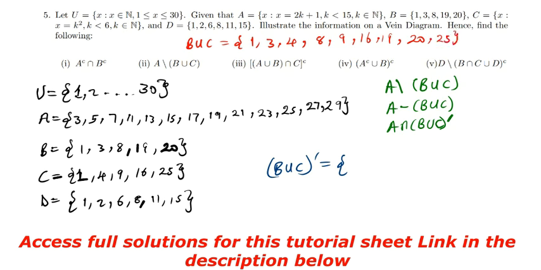Now complement simply means any element which is missing in this set, but that element is in the universal set.